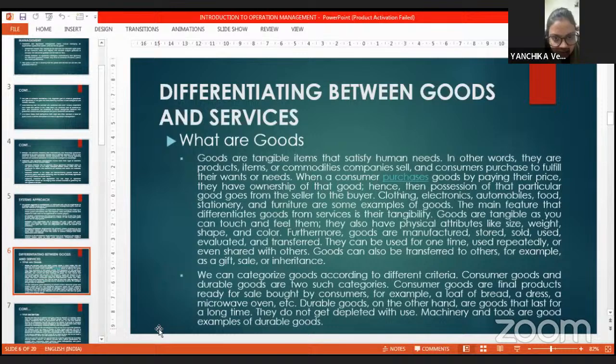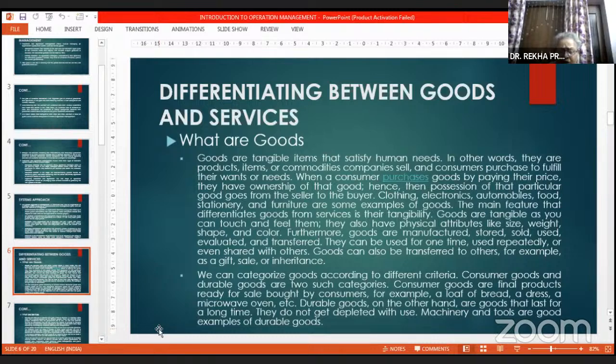They do not get depleted with use. Machinery and tools are good examples of durable goods. So it's quite clear what goods are: they are tangible, we buy them, we can use them ourselves, we can gift them to others, and they have definite color, size, and many other physical attributes.